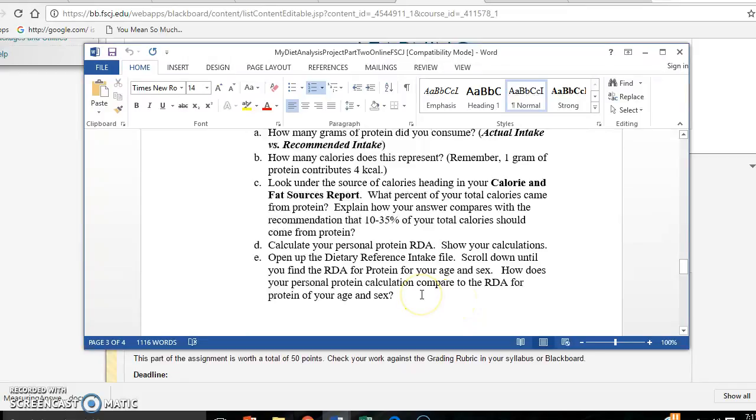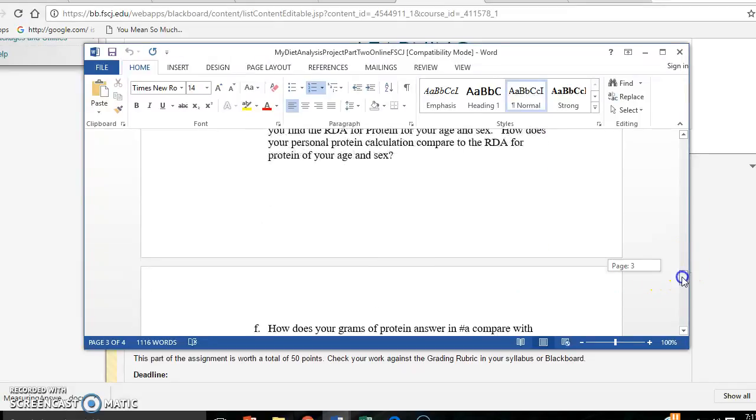So, how does your personal protein calculation compare to the RDA for protein of your age and sex? And how you find that out is by going back to the dietary reference intake file. If you don't answer that or put the wrong answer, you will lose points for that.